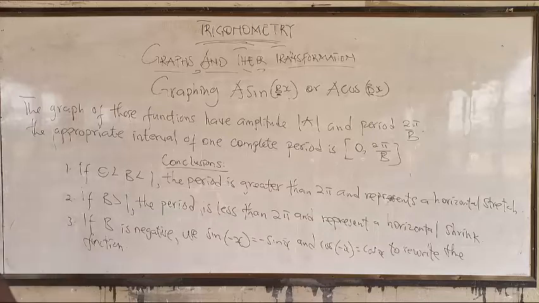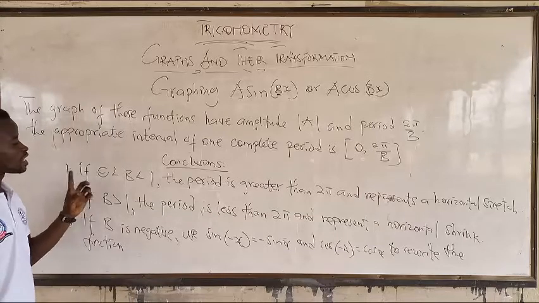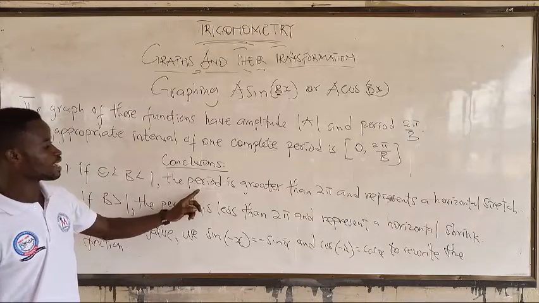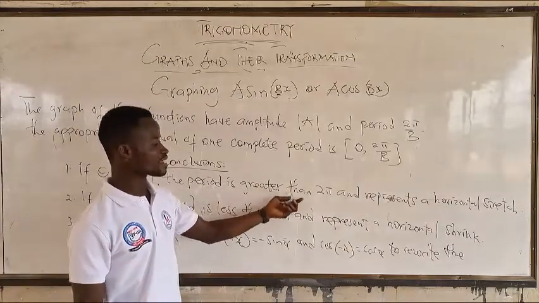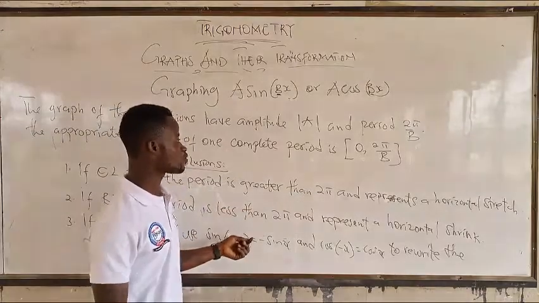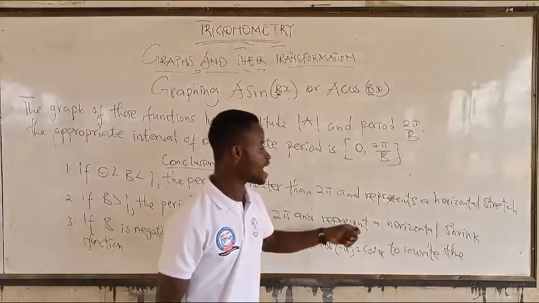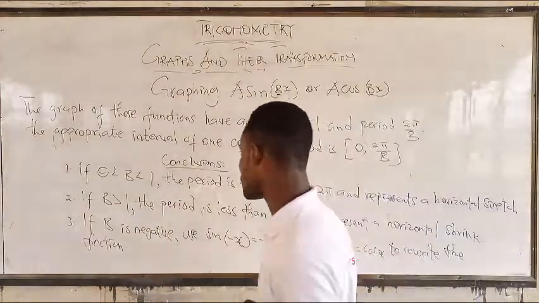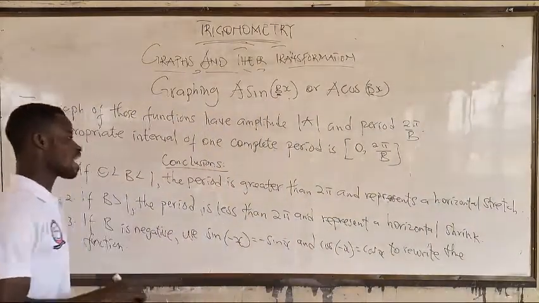Now, let's conclude. If b is less than 1 or greater than 0, the period is greater than 2 pi, and that represents a horizontal stretch.